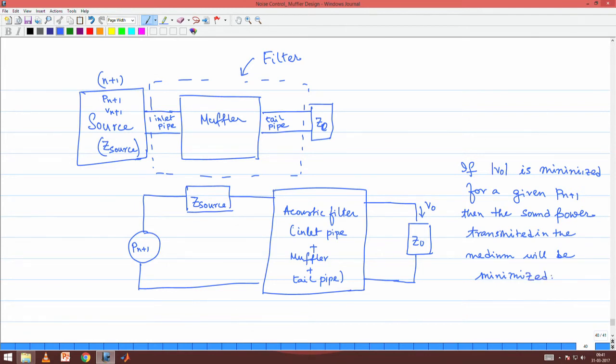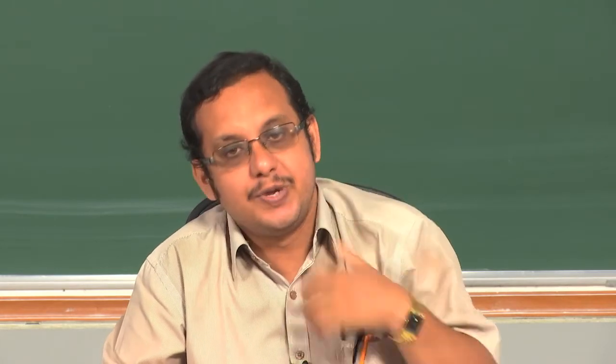And this should be the objective of a muffler designer, right. And how do you think you can achieve this objective of minimizing V0? This time the circuit will help you rather than the acoustic or the mechanical analogy.